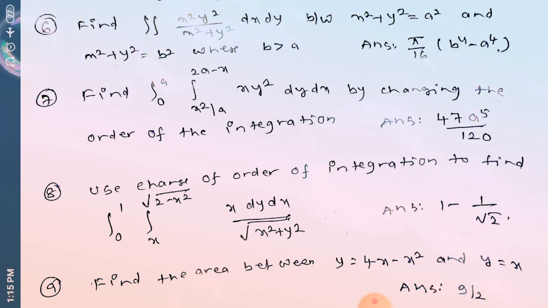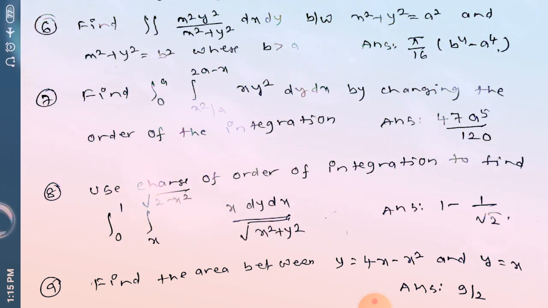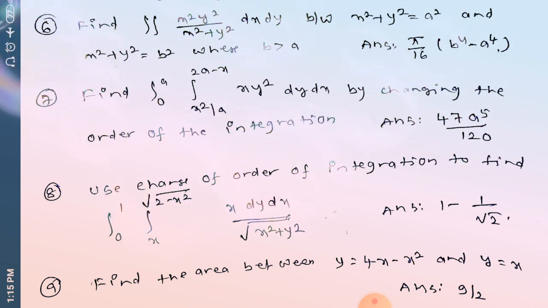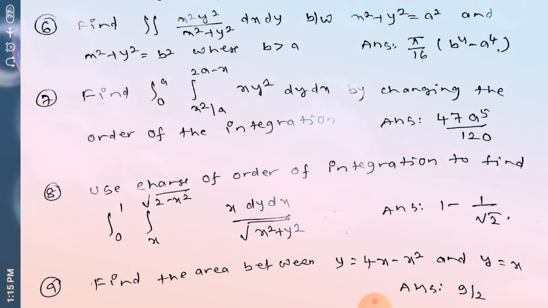First you identify the first integral is x, 0 to 1, the second integral is y, x to root of 2 minus x square. So this dy dx, now you are changing into dx dy. In order to get new limits, you take the values x equal to 0, x equal to 1, y equal to x, and y equal to root of 2 minus x square.